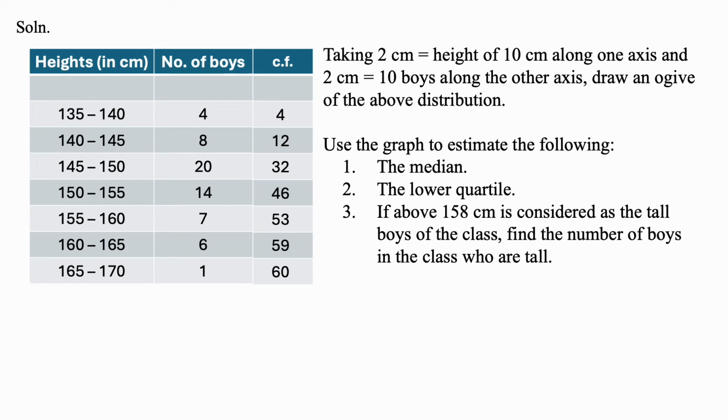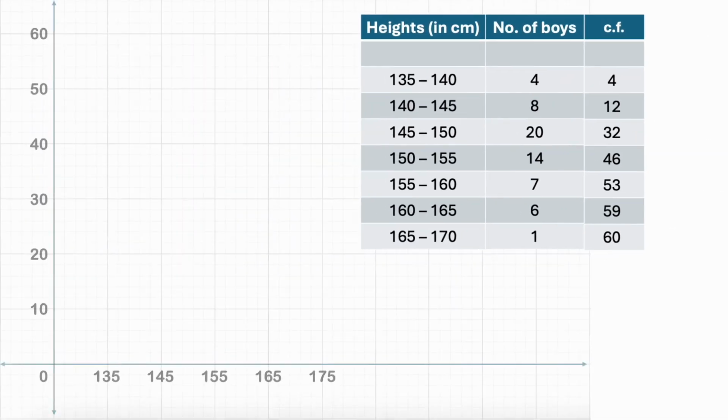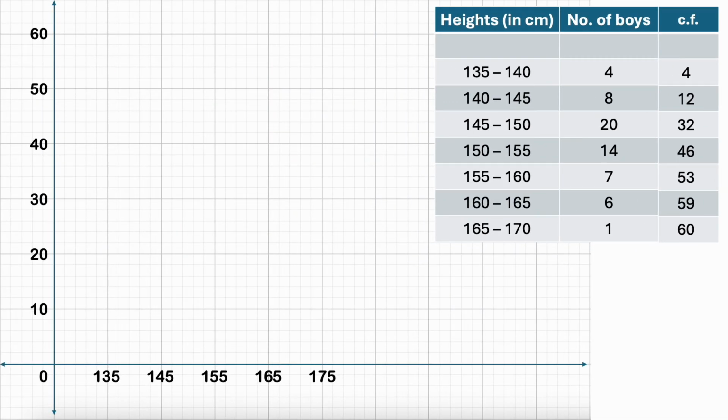So using this cumulative frequency and the upper limits of all the class intervals, we plot the points on the graph. We need to take the lower limit of only first class interval.